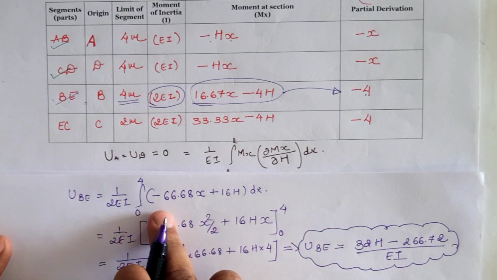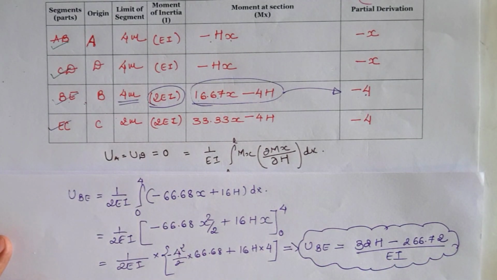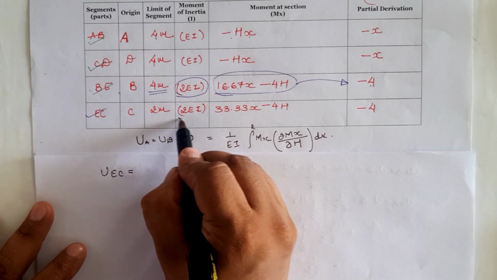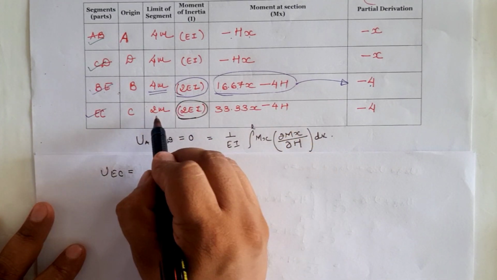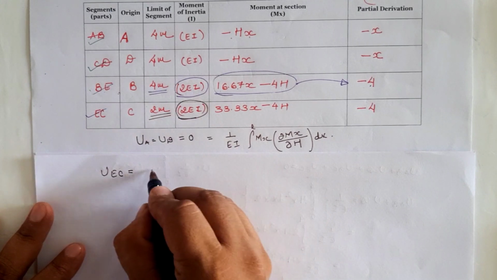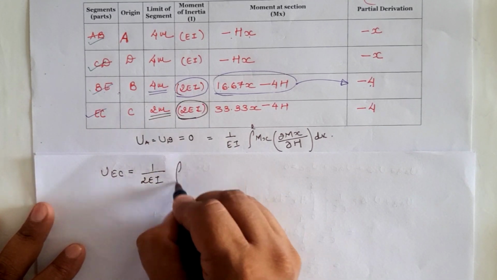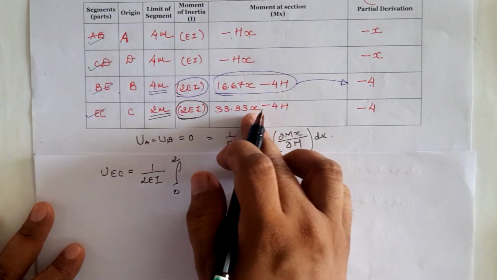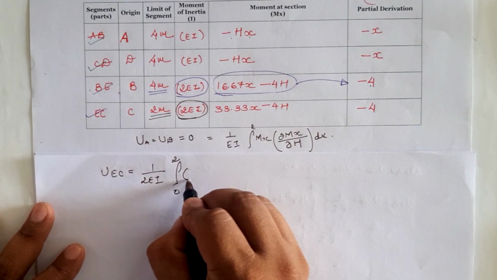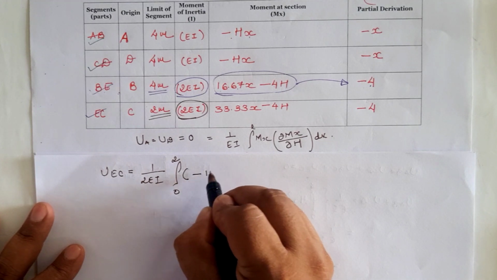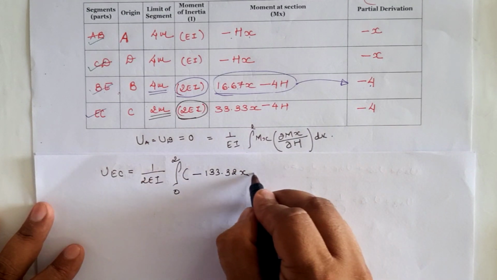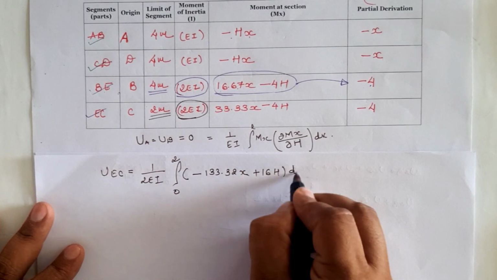Now the same equation is going to be used for the EC segment. For the EC segment, the moment of inertia is 2 times and the segmental limit is 2 meters. So 1 by 2EI, 0 to 2. Now 33.33 into minus 4 into x is minus 133.32x, and minus 4H into minus 4 is 16H, dx.